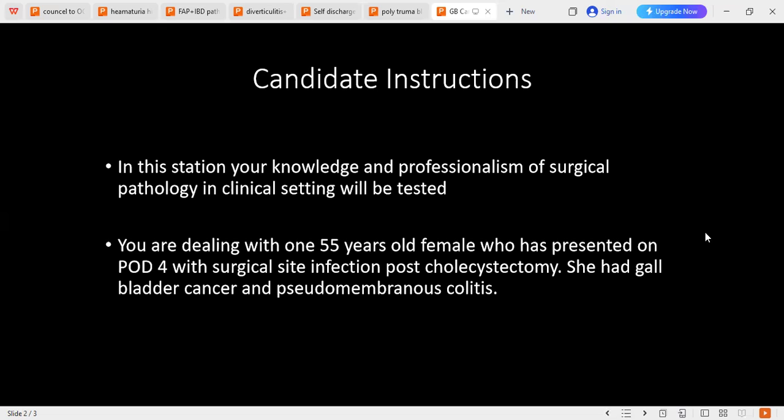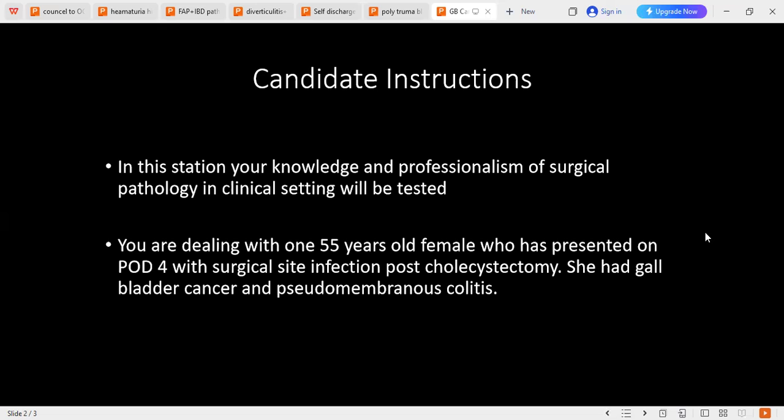As the patient has undergone surgical resection of the gallbladder, and it's her fourth postoperative day, she might have developed surgical site infection after cholecystectomy.